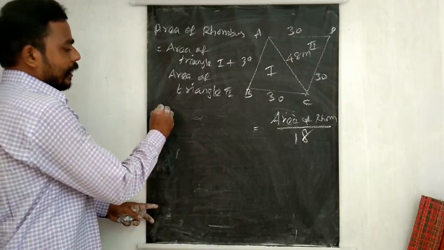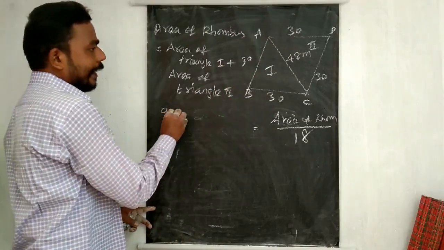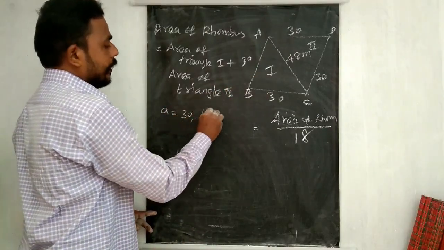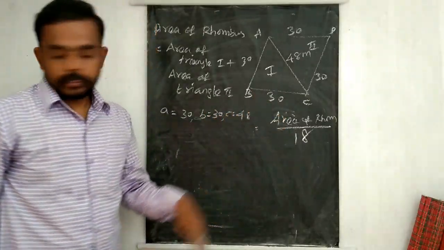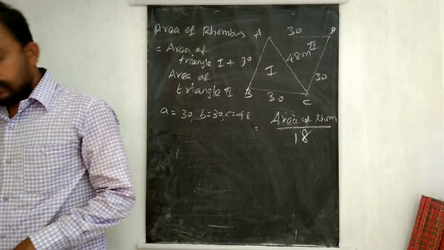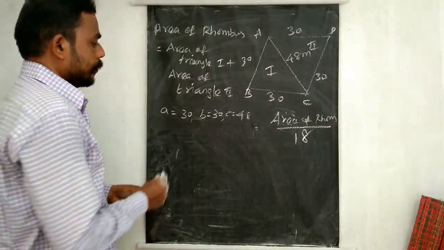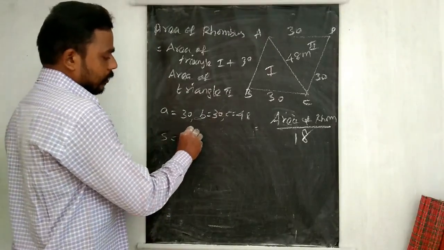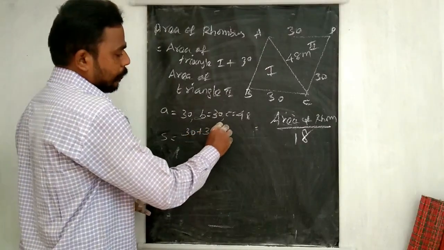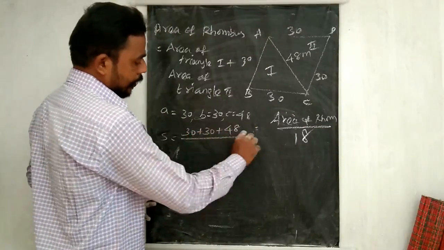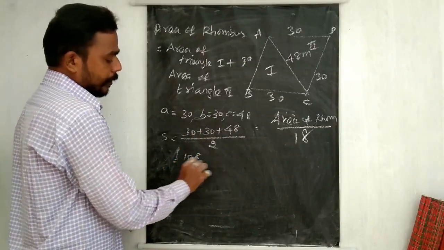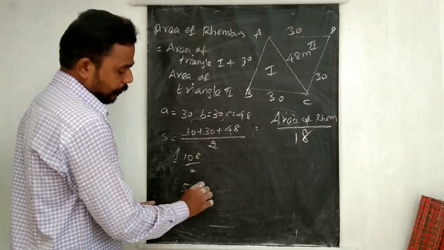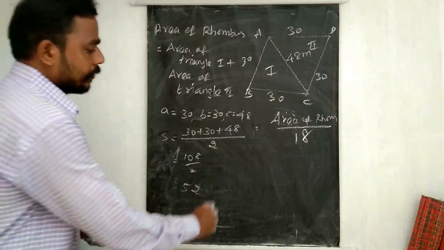For triangle 1, a equals 30, b equals 30, and c equals 48. So s equals (30 plus 30 plus 48) divided by 2, that is 108 divided by 2, so s equals 54.